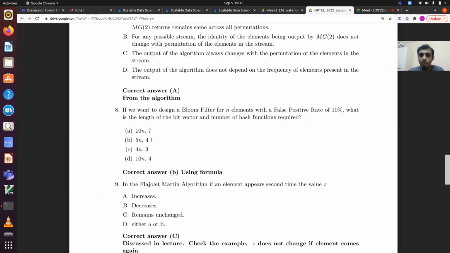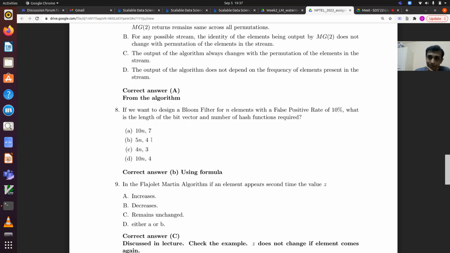And that is by plugging in the optimal number of hash functions for this given m and n. So if n is given to me and the false positive rate is given to me, then the smallest number of bits that I can use is by plugging in this delta and the n in that formula.